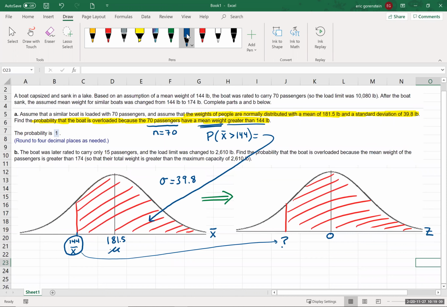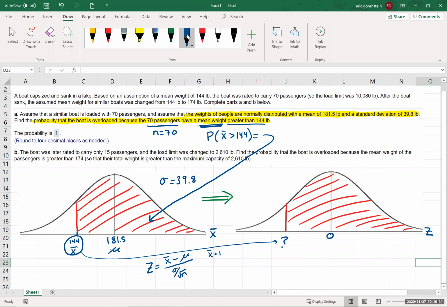And the way we do that is with our formula, z equals x bar minus mu divided by sigma over the square root of n. And all four of these numbers are given in the problem.